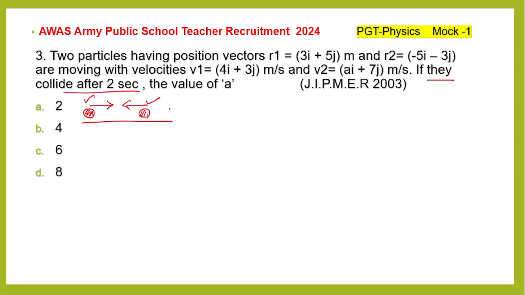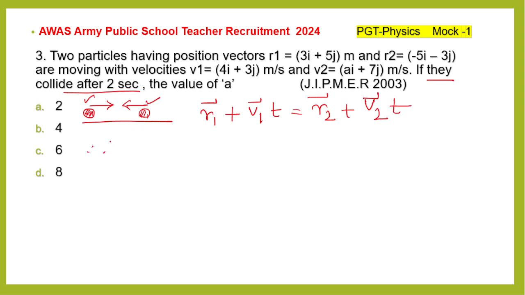So as per this condition, we can say r1 position vector plus v1 t is equal to r2 plus v2 t, right?